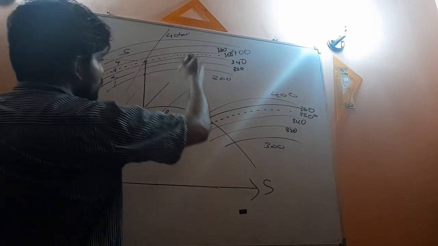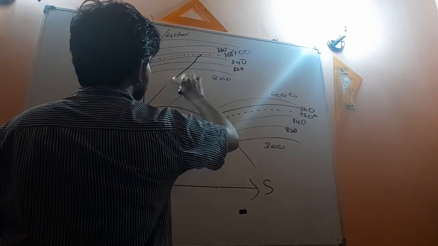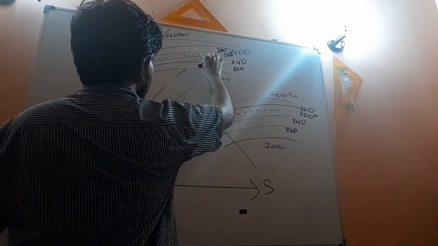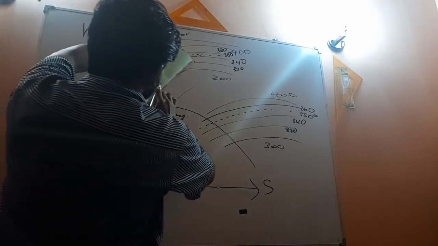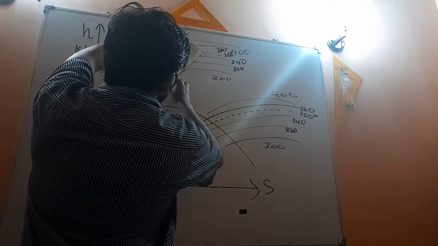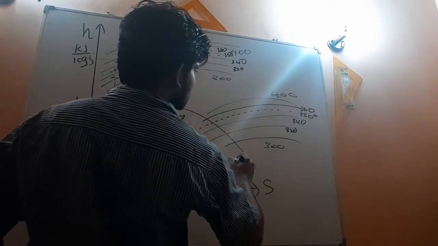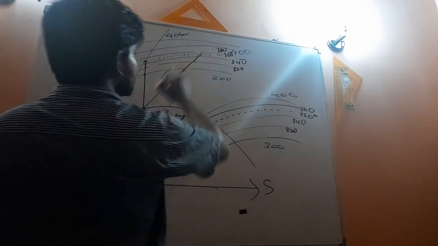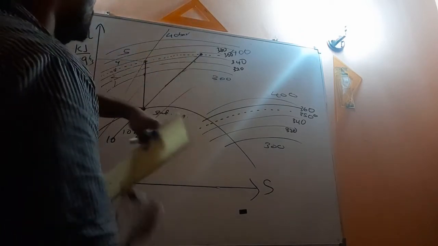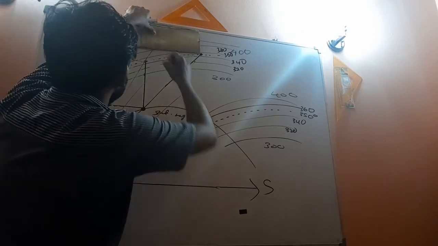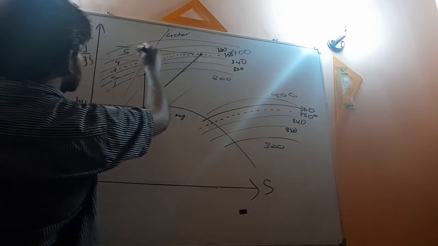So you have to find the intersection of the 10 bar pressure line with this 350 degree Celsius temperature line. Here there is an intersection. That intersection point, again project horizontally to this axis.